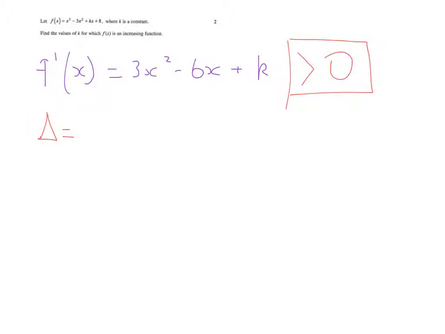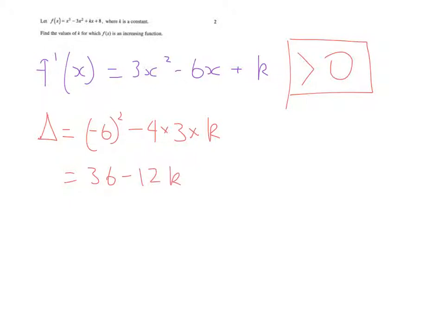The discriminant of f dash x is b squared, so minus 6 all squared, remember to put the brackets, minus 4 times a times c, which in this case is k.